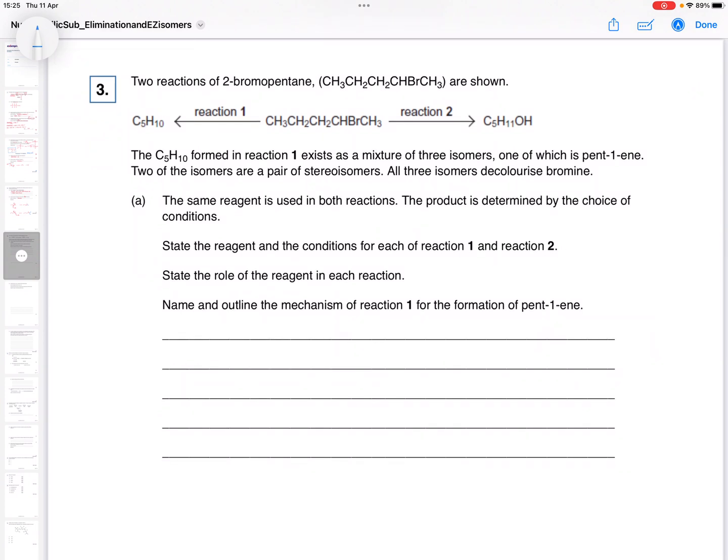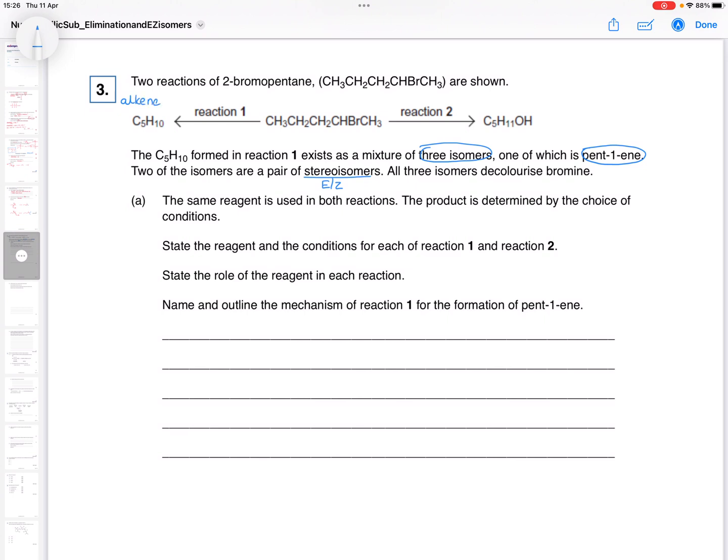Question 3. Two reactions of 2-bromopentane are shown. The C5H10 formed in reaction 1 exists as a mixture of 3 isomers, one of which is pent-1-ene. 2 of the isomers are a pair of stereoisomers, so this must be E and Z, because C5H10 is the formula for an alkene.